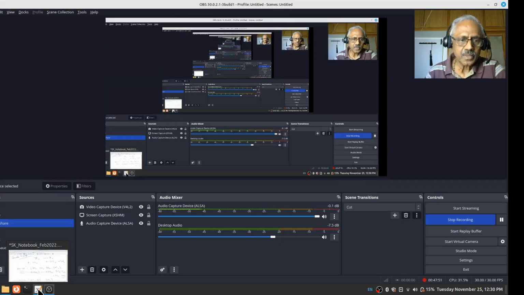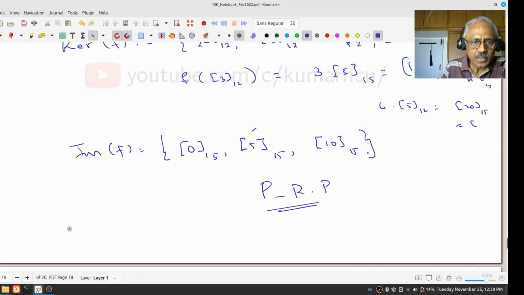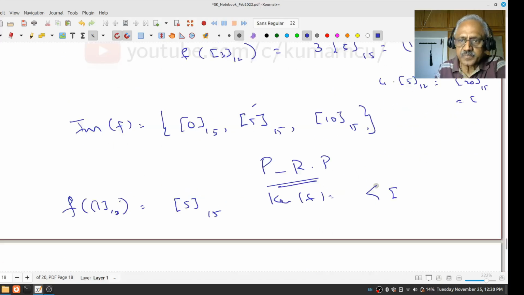Come back. So what have I shown now? I have shown that the kernel of f is the cyclic subgroup generated by 3, and the image of f is the cyclic subgroup generated by 5.